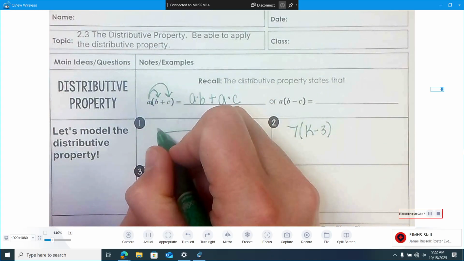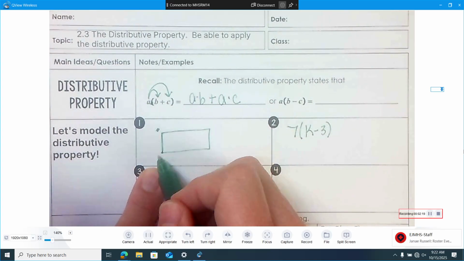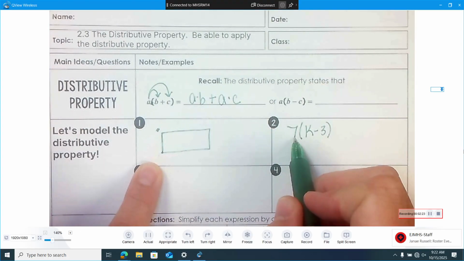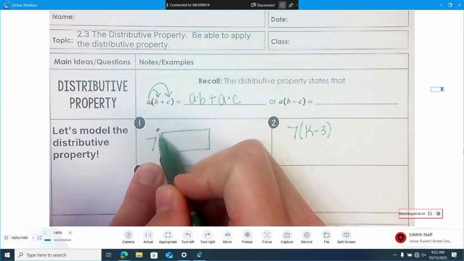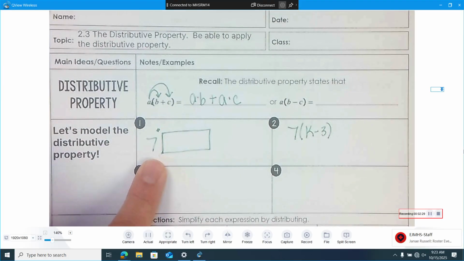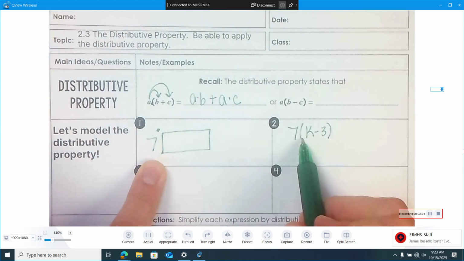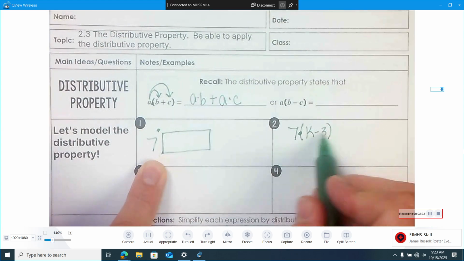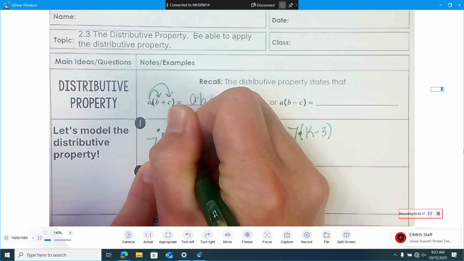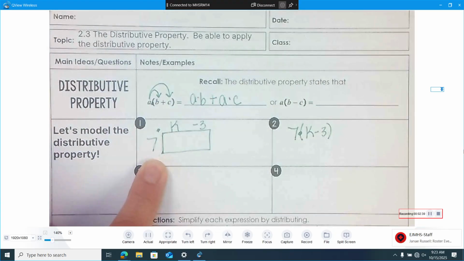And anytime we're multiplying, it is really just like a length times a width situation. So here, I'm going to put the 7 along the width of the box. And then along the top, because this means multiply, we're going to put our k and our negative 3. So I've got my k and then my negative 3 along the top of the box.